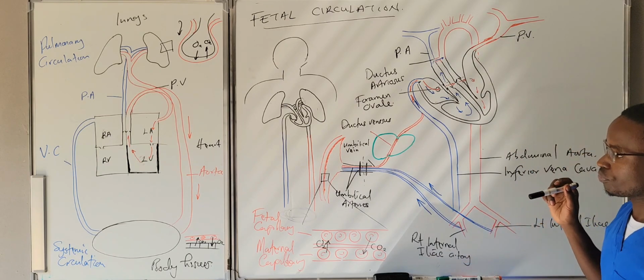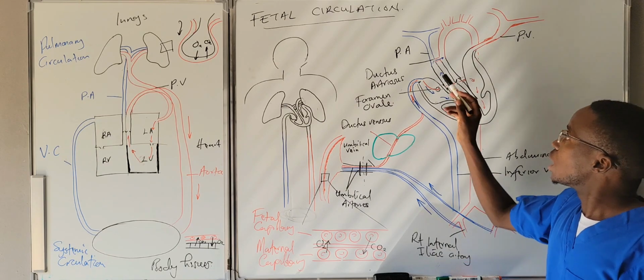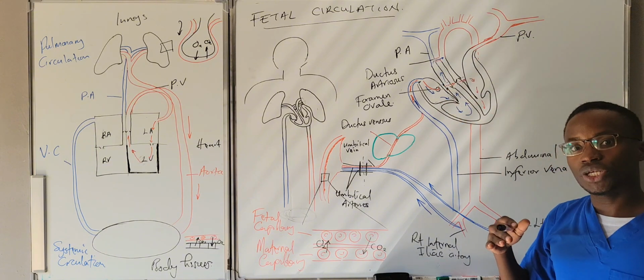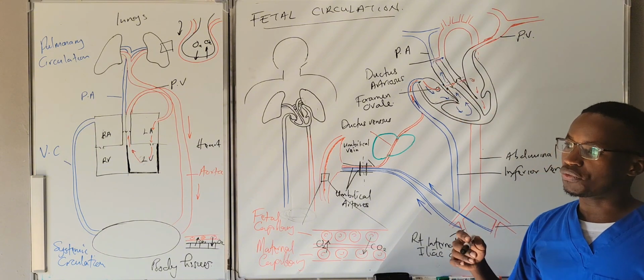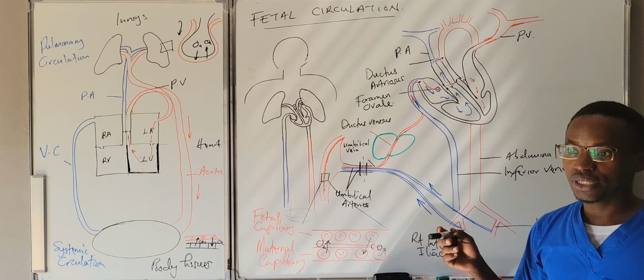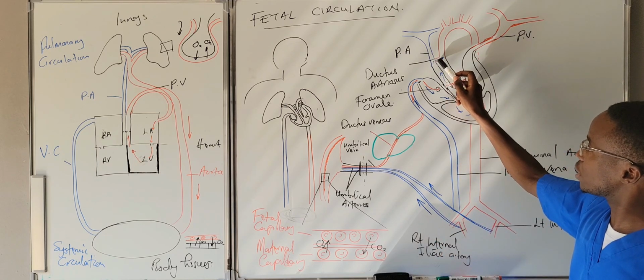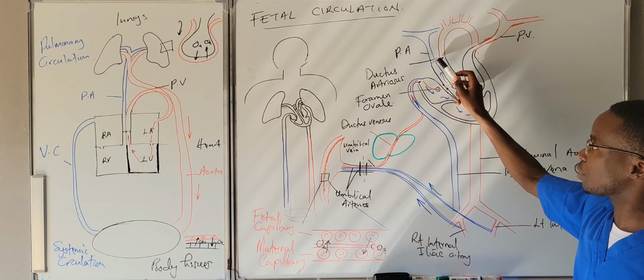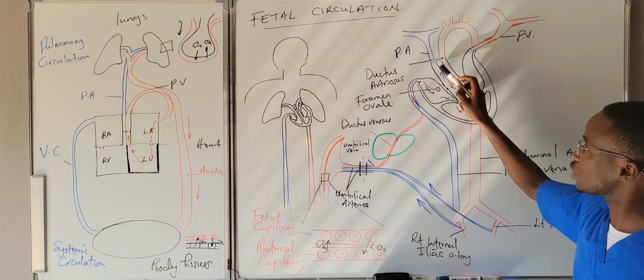So with time, within 3 to 4 days after birth, muscles are going to start forming there, even fibrous tissue.